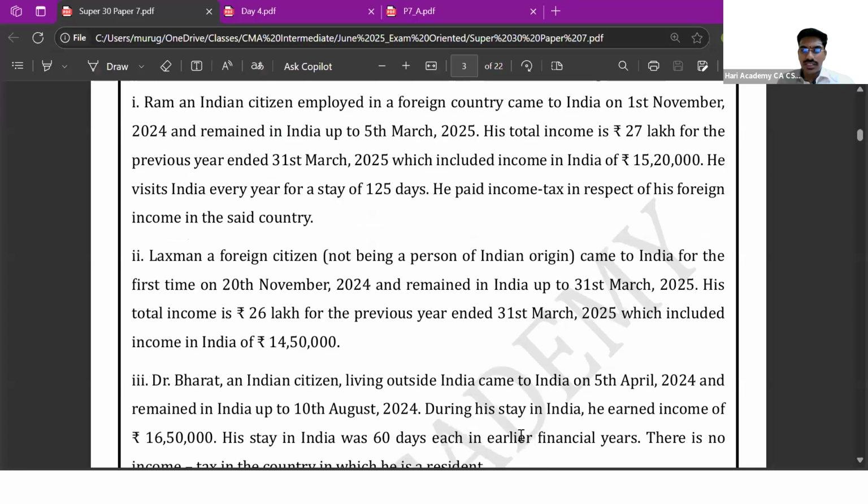The second part of the question is: Lakshman, a foreign citizen, not being a person of Indian origin, came to India for the first time on 20th November 2024 and remained in India up to 31st March 2025. His total income is 26 lakhs for the previous year ended 31st March 2025, which included income in India of 14 lakhs 50,000.